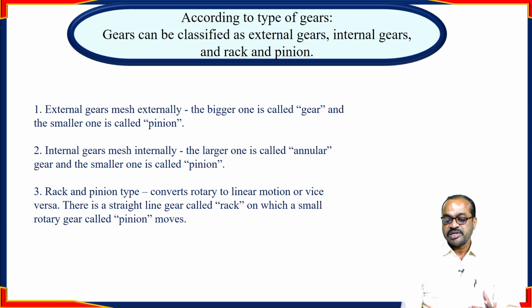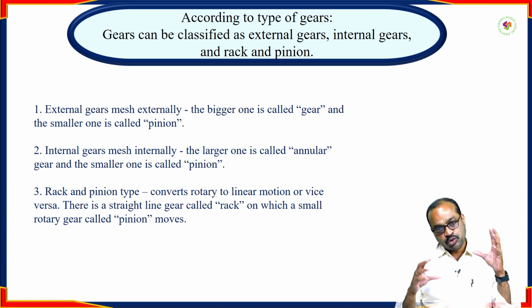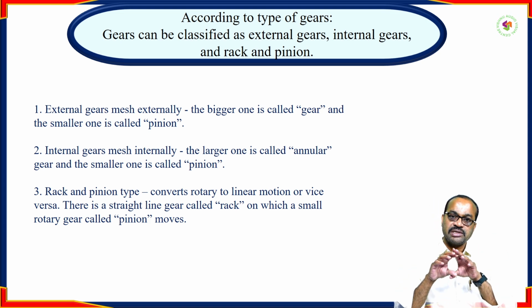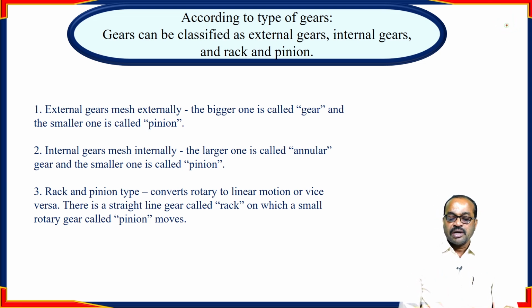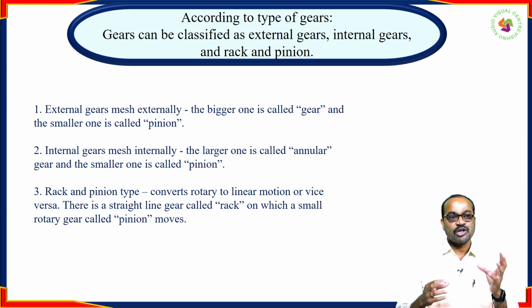So external gears mesh externally. It means two gears should have external teeth, then only they can mesh externally and transmit the power. In this arrangement, one may be bigger, another one smaller. The bigger one will be called the gear, the smaller one will be called the pinion.